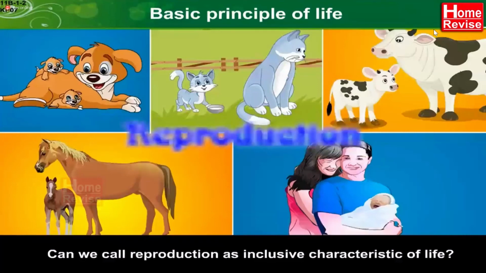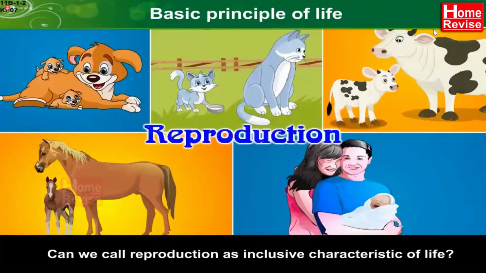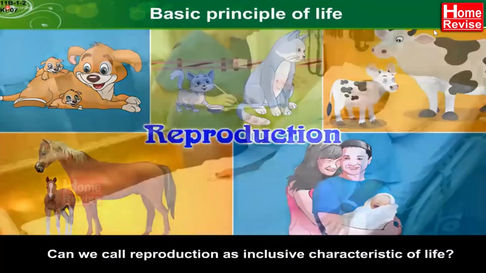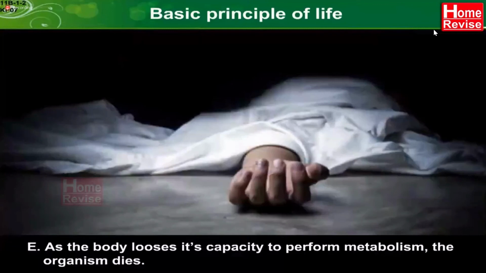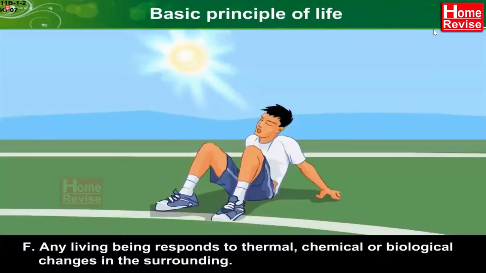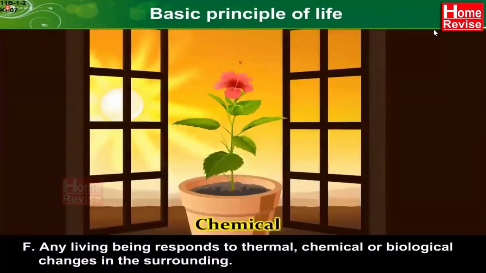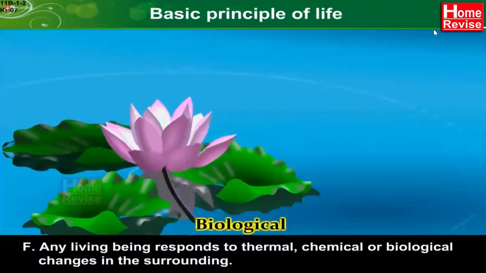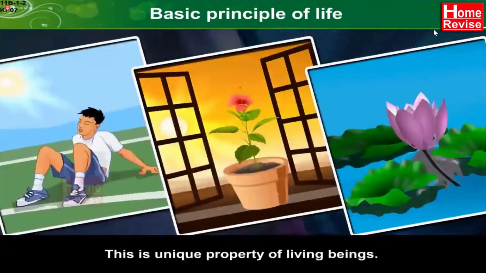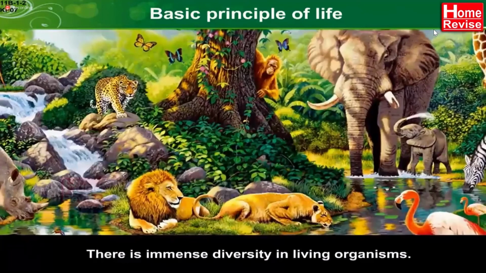Can we call reproduction an inclusive characteristic of life? E. As the body loses its capacity to perform metabolism, the organism dies. F. Any living being responds to thermal, chemical, or biological changes in the surrounding. This is unique property of living beings.